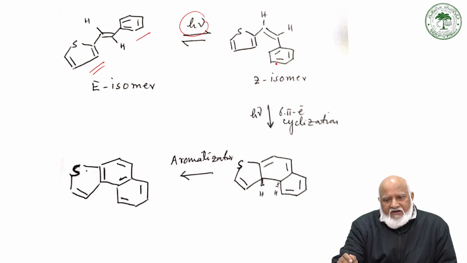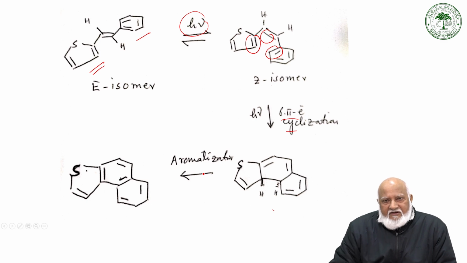The cis isomer can further undergo photochemical 6π electron cyclization, two electrons here, 2, 4, 6, to give you a dihydro derivative, and then it can further aromatize. So, this is the photochemical reaction. You do not need any light for this aromatization, which can be brought about by any catalytic or air oxidation method.